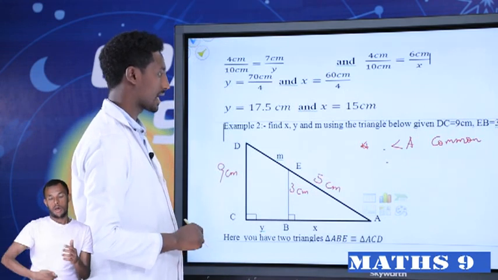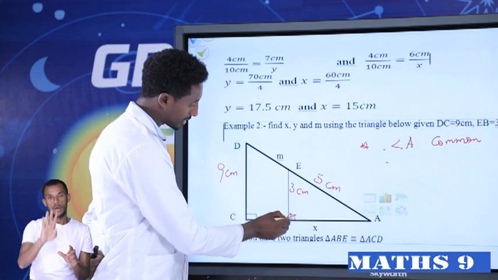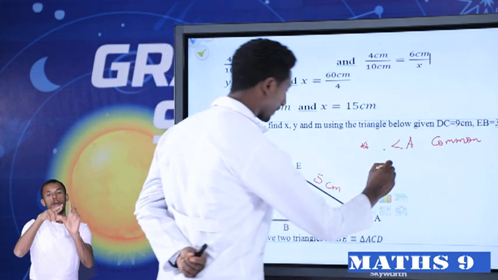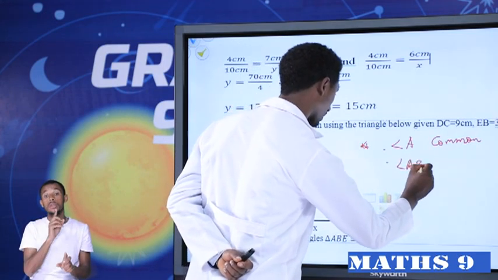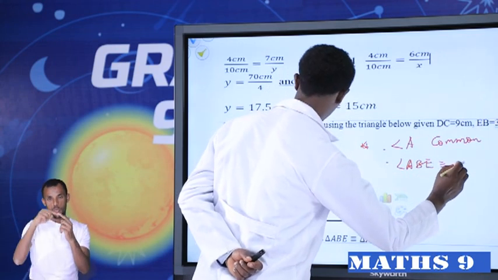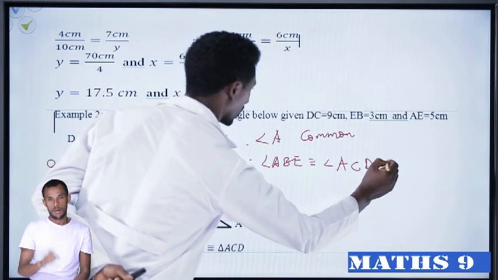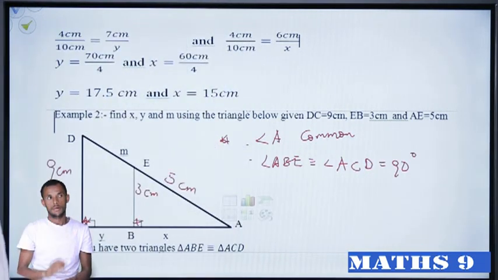Then another one, angle at B and angle at C is a right angle. That's angle ABE is congruent to angle ACD, which is equal to 90 degrees.